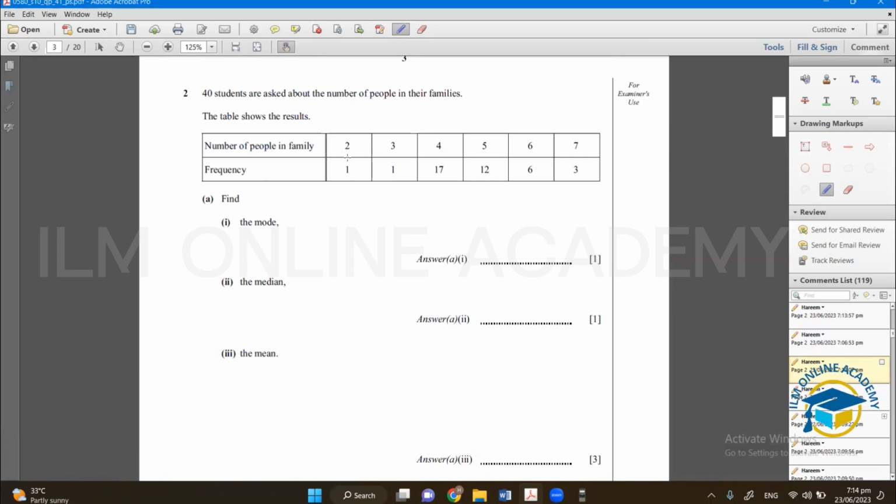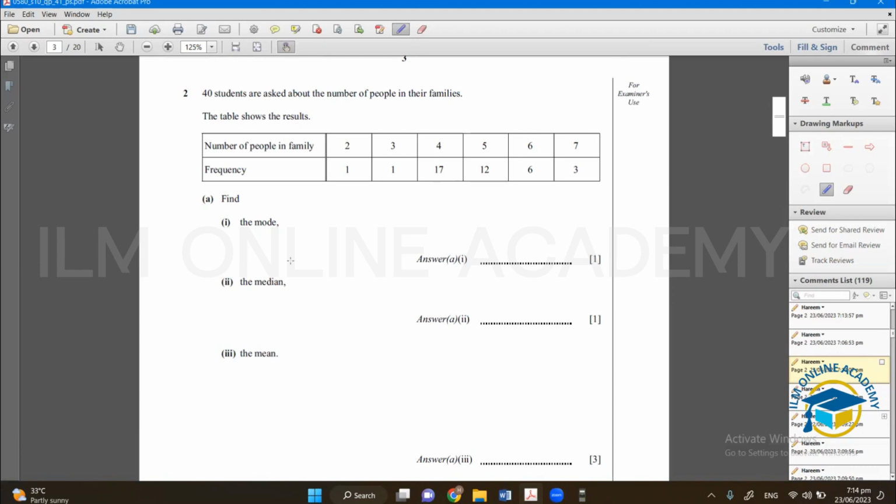Only one of the 40 students had a family of 2, and only one had a family of 3. There were 17 students who have 4 family members, 12 have 5, 6 students have 6, and 3 students have 7 family members.